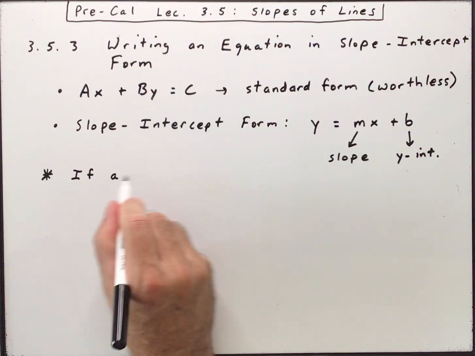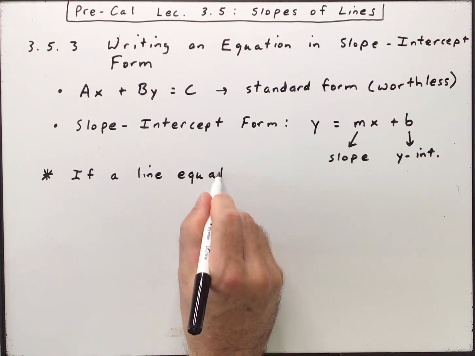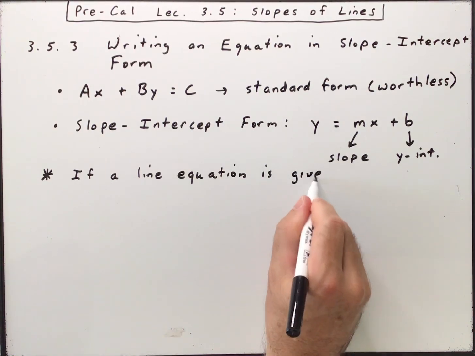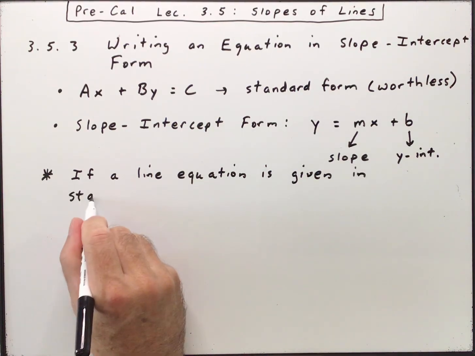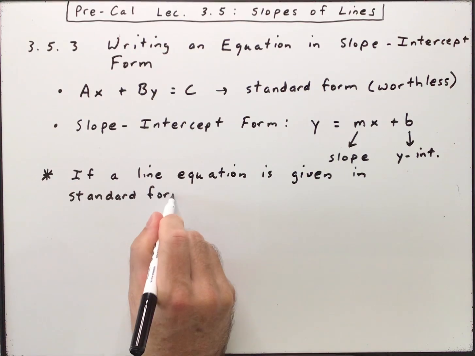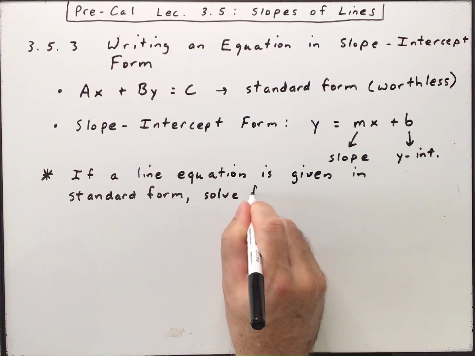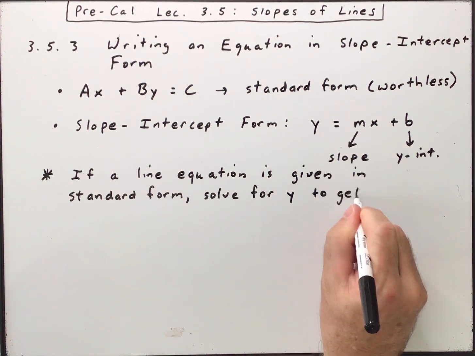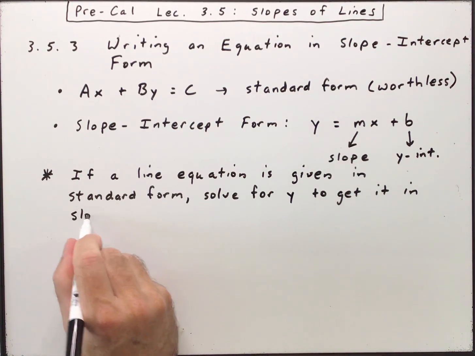If a line equation is given in standard form, solve for y to get it in slope-intercept form.